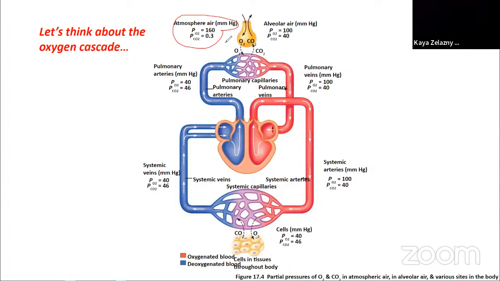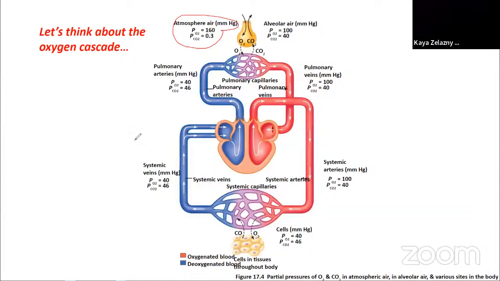As we move through the conducting zone, we humidify that air, we change its temperature, which drops it down. Those numbers aren't on this graph. What we have instead are the exact partial pressures of these gases in the alveoli. This is after we take into account that fresh air and dead air mixing, basically.